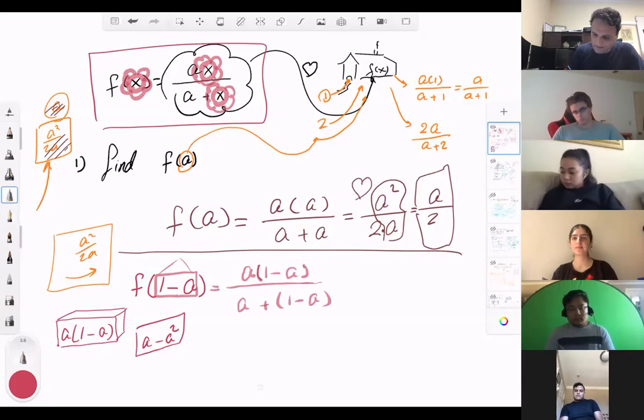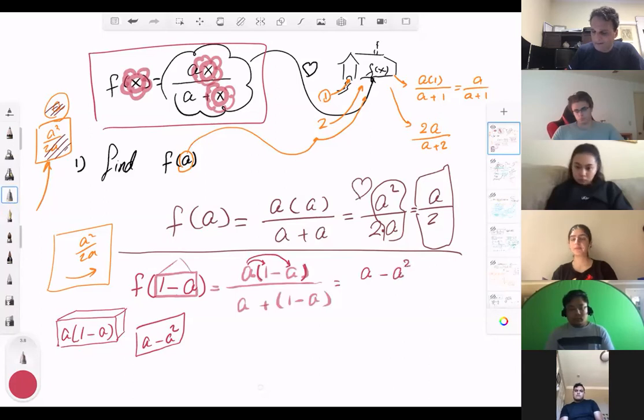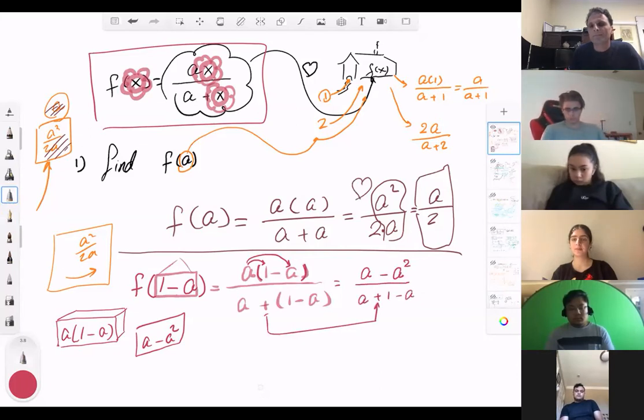We have parentheses, and inside of the parentheses we're not able to simplify. A times 1 is a, times negative a is negative a squared, over a plus 1 minus a.